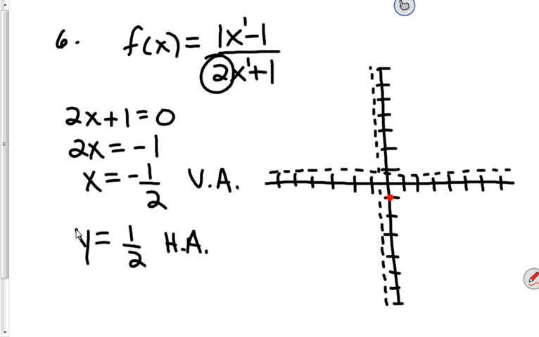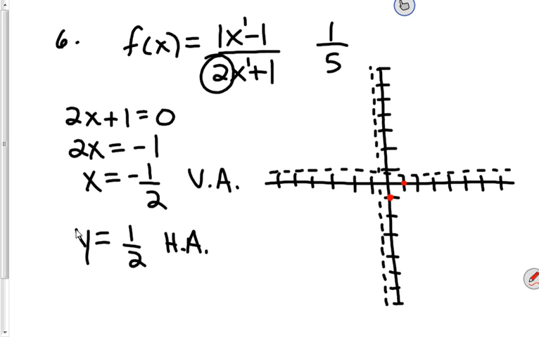Let's plug in positive 1. So I get 1 minus 1, which is 0. So I'm going to get the point 1, 0. Let's plug in positive 2. 2 times 1 is 2. 2 minus 1 is 1. 2 times 2 is 4. 4 plus 1 is 5. So 1/5. So I get 2, 1/5.